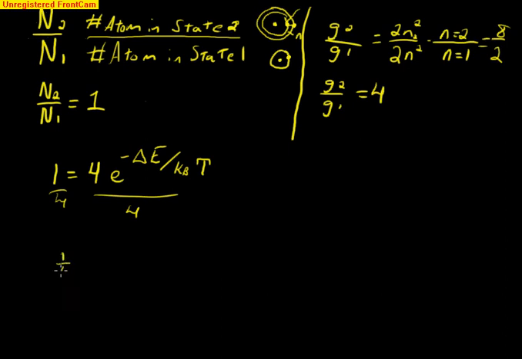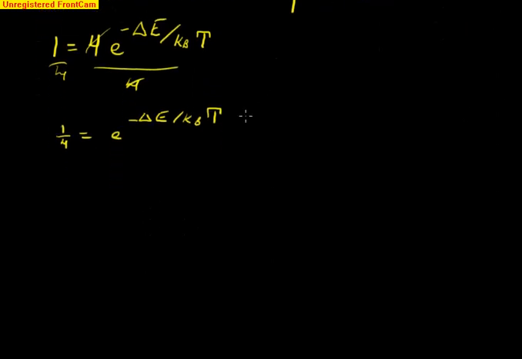So we'll have 1/4 is equal to e to the negative change in energy over Boltzmann's constant times the temperature. At this point, you can take the natural log of, let's call this 0.25, 1/4. And raising this to the natural log, we bring everything down. We have our negative change in energy over Boltzmann's constant times the temperature.